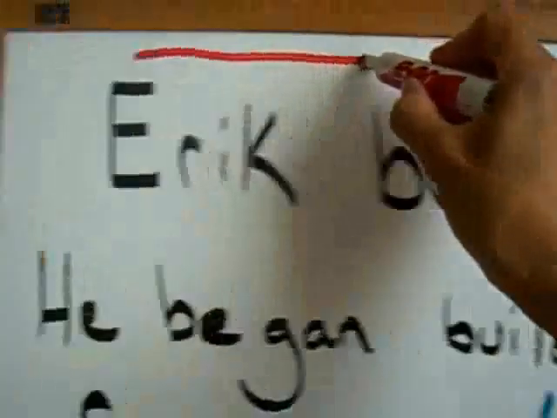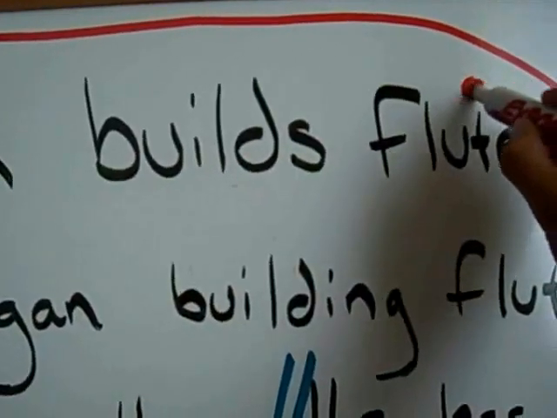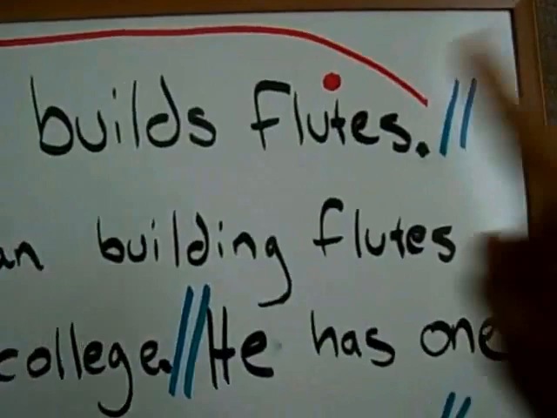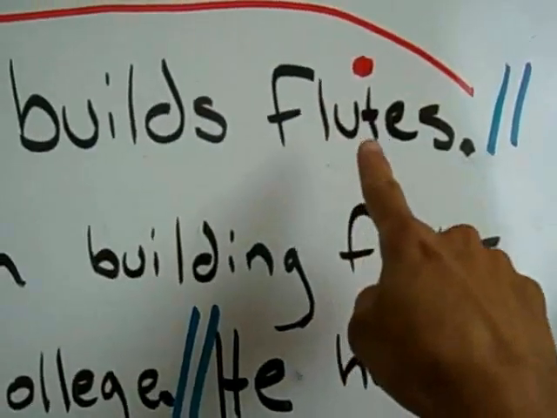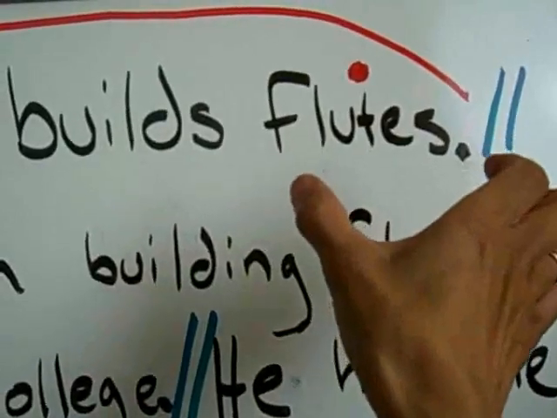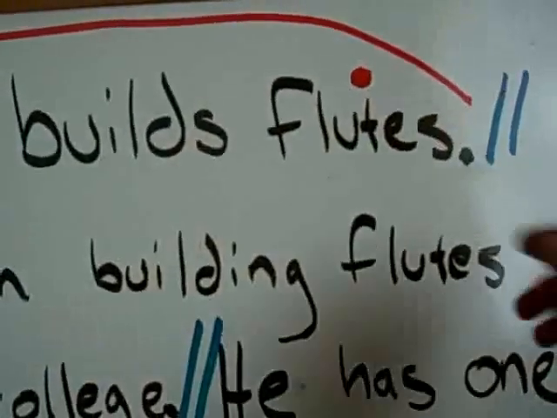So overall, our voice is going to stay here and then drop down on flutes, our final content word. And flutes has only one syllable, so we need to slide down. As we say that one syllable, our voice needs to glide down, and it's very quick.